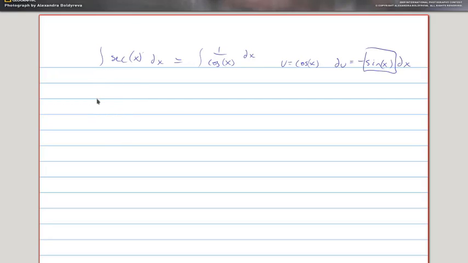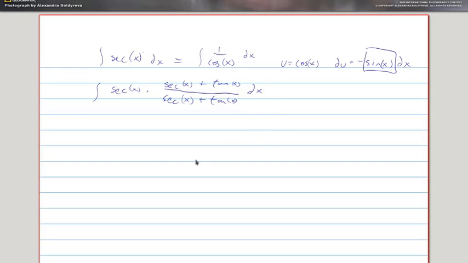So here's the way you do it, and this is one of those things you might just have to memorize. We're going to multiply by 1, but as always, it is a fancy one. It is secant of x plus tangent of x over the same thing, secant of x plus tangent of x, dx.